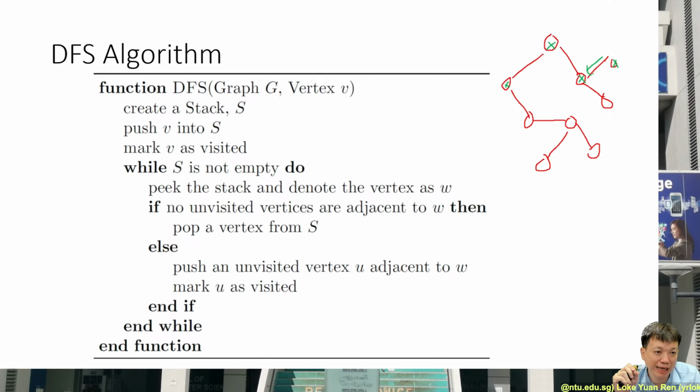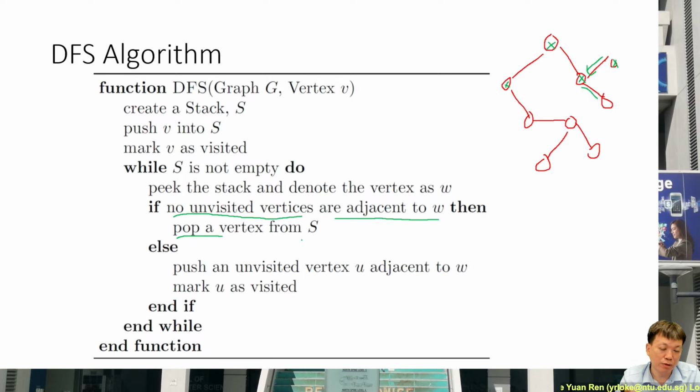Backtrack is when you reach a certain point and there's no more path or unvisited nodes available around, the option you have is to backtrack to the earlier nodes and look for an alternate path. That is why when there's no unvisited vertex adjacent to W, you will pop.